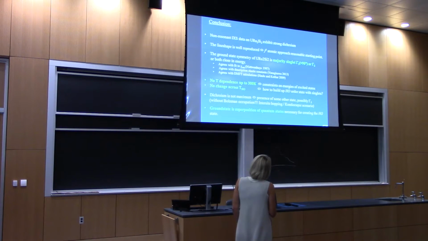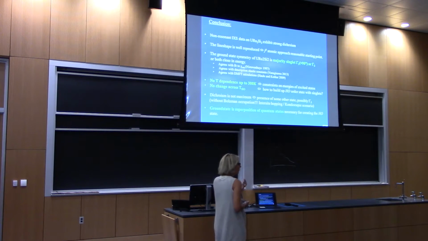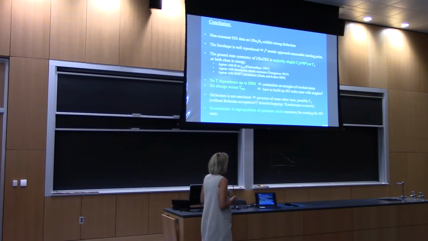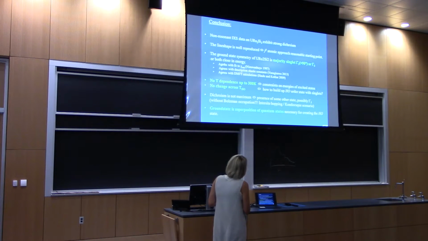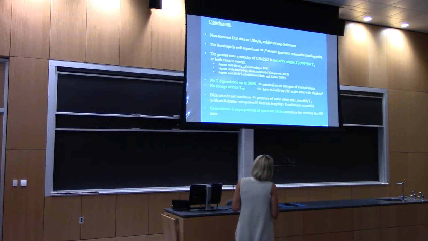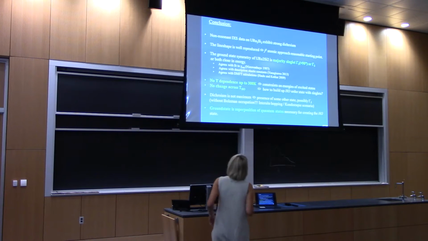We do find that the ground state symmetry is majority singlet gamma 1, with 90 degrees gamma 2, which means it's majority adjacent plus minus 4. This agrees rather well with Fisher's static susceptibility from very early on, which Palstra and Menovsky did in 87. It also agrees with the description of elastic constants and with the CMFT calculations.